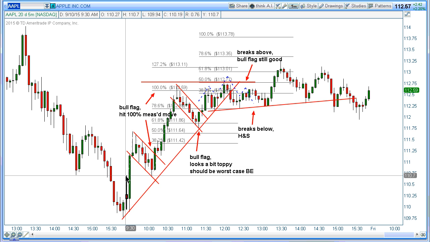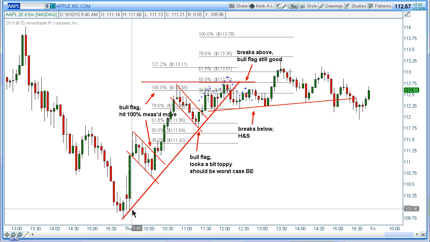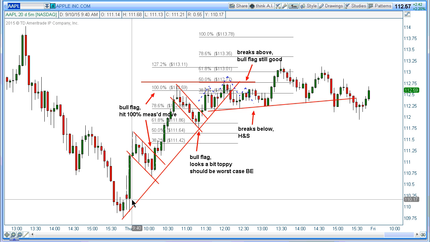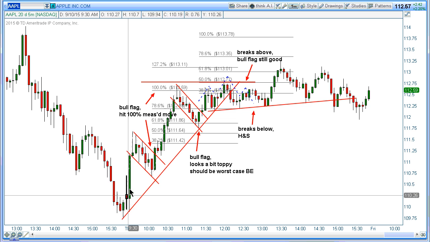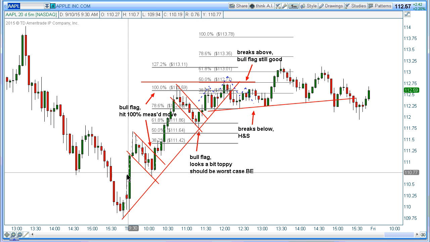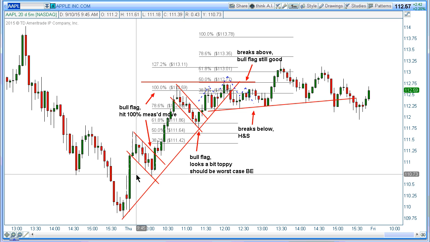I know some people chase or trade the first 5-minute bar, but if they did, they probably went short on it because it went below the opening low on the first 5-minute bar. But usually if it comes up and hits the high, then you go long on the high. But in this case, that's not what we're playing, at least that's not what I was looking at.